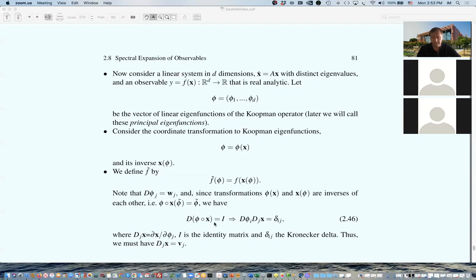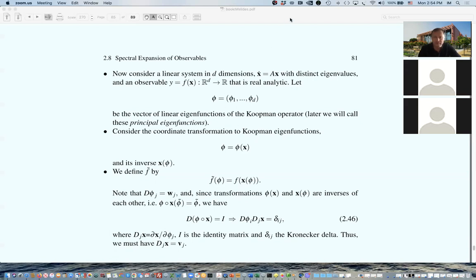And then by chain rule, you get d phi i, the derivative of the ith eigenfunction, which remember is wi. That's this relationship here. So d phi j is wj, d phi i is wi, and then you multiply by d j x. That's what this turns into. Identity in the index form is just delta ij, the Kronecker delta: when i is equal to j, that is 1, and when i is different from j, that is 0. And the index goes from 1 to d, because we have a d-dimensional system to start with.